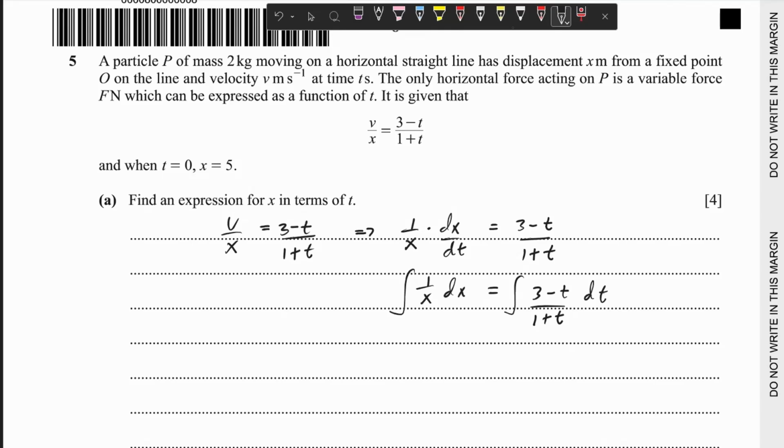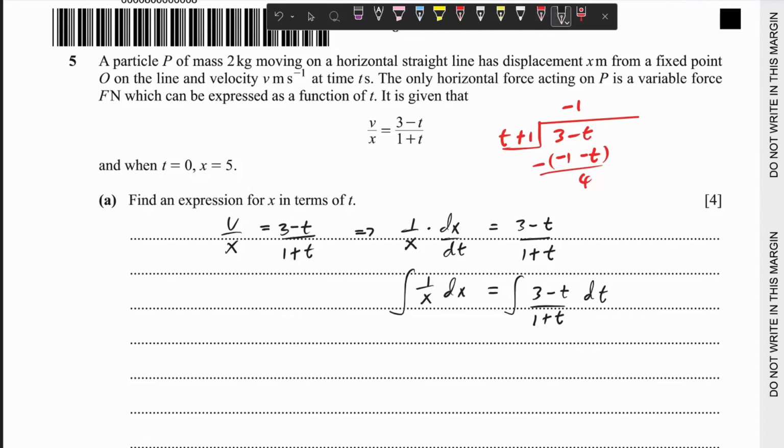Now, on the right-hand side, you can see that we actually have an improper fraction. So we can actually divide 1 plus t, which is like t plus 1, into 3 minus t, and it goes in minus 1 times, so that's minus 1 minus t, essentially, and 3 minus the remainder is 4 here.